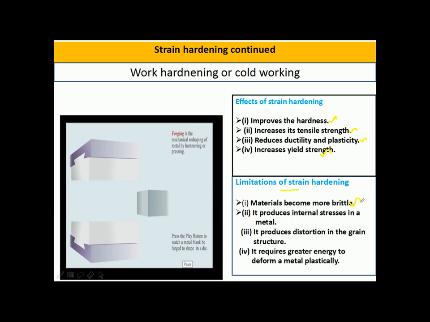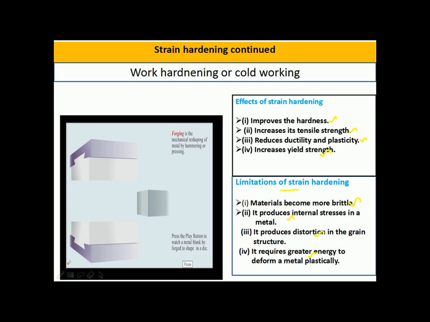Brittle means it will break easily. It produces internal stresses in the metal. It produces a distortion in the grain structure also, and also it requires greater energy to deform a metal plastically. So these are the limitations of strain hardening.